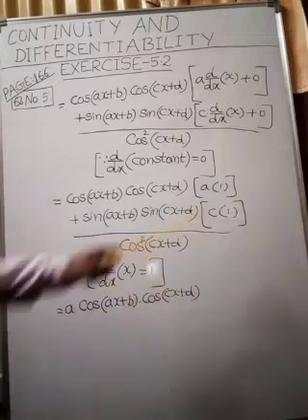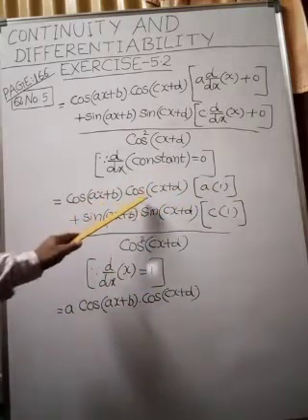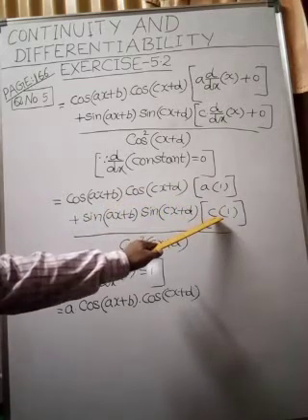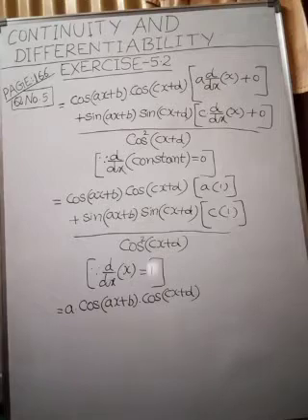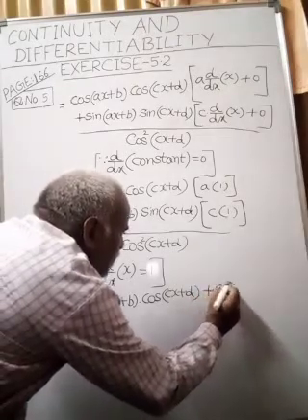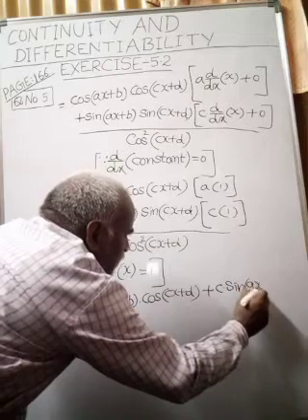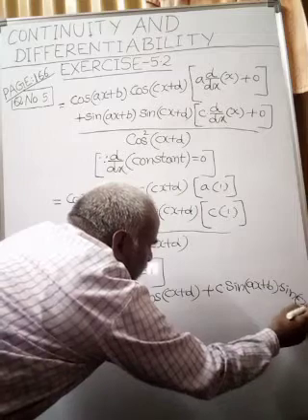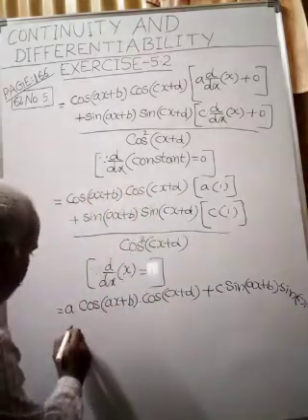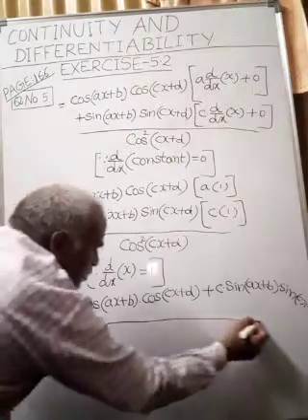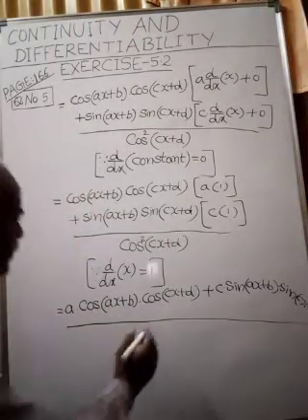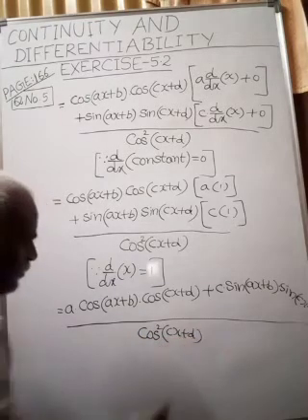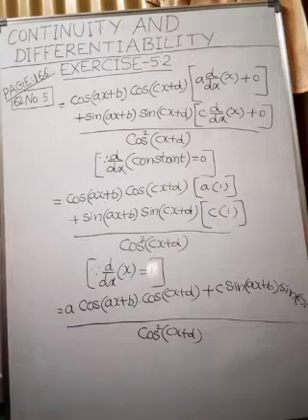After simplification you get a into cos of ax plus b into cos of cx plus d plus c, I am writing this numerical coefficient at the beginning of the term, c into sine of ax plus b into sine of cx plus d, whole divided by cos square of cx plus d.